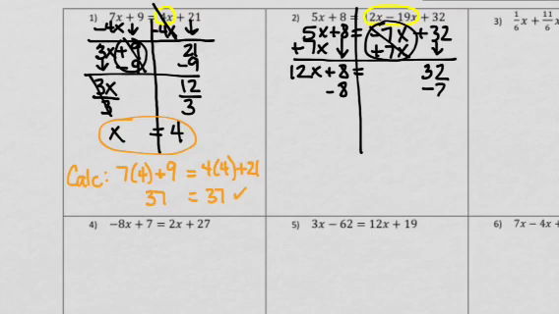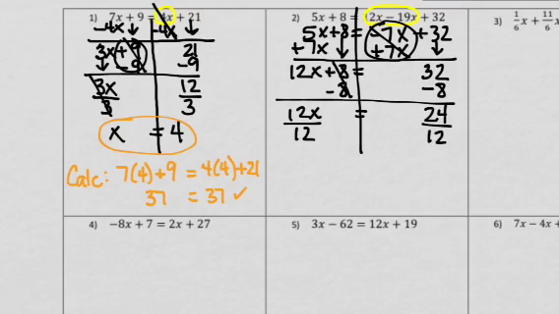So I'm going to subtract 8 from each side, and I get 12x. These cancel to be a 0, and 32 minus 8 is 24. The next step is to divide both sides by 12. So x is equal to 2.